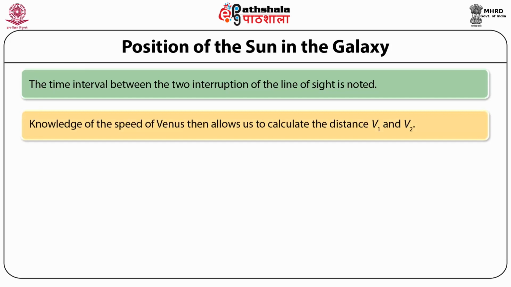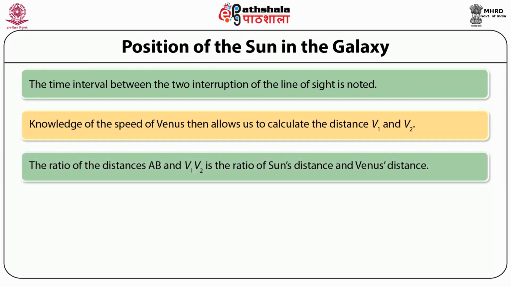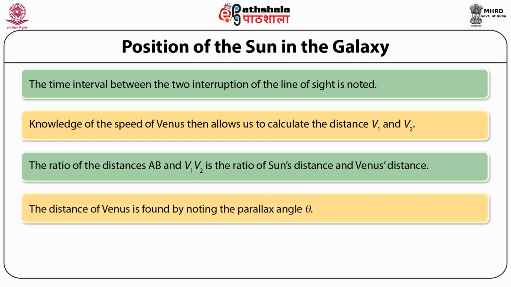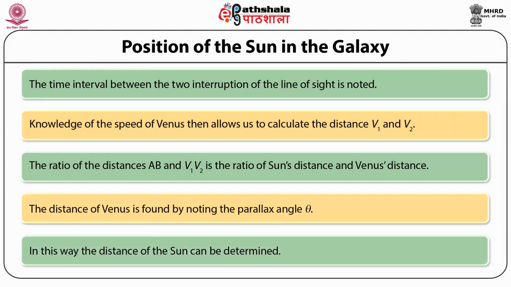Knowledge of the speed of Venus then allows us to calculate the distances v1 and v2. The ratio of the distances AB and v1v2 is the ratio of Sun's distance and Venus' distance. The distance of Venus is found by noting the parallax angle theta. In this way, the distance of the Sun can be determined.